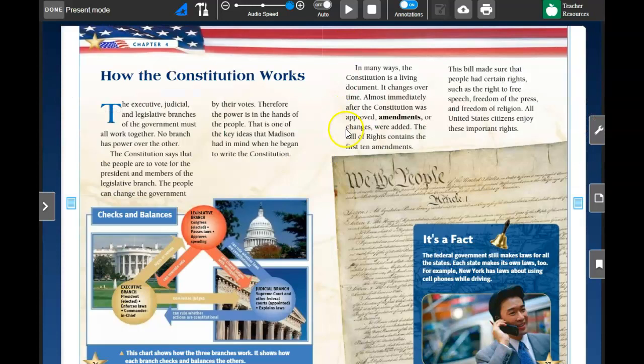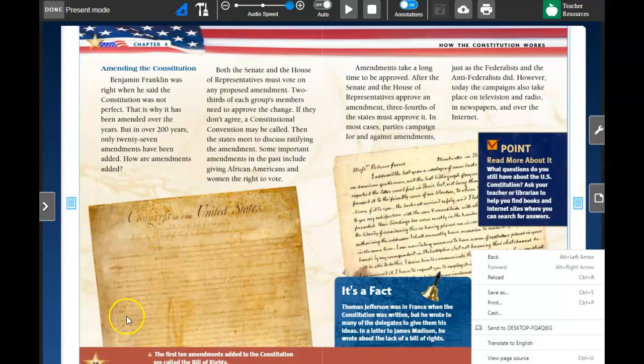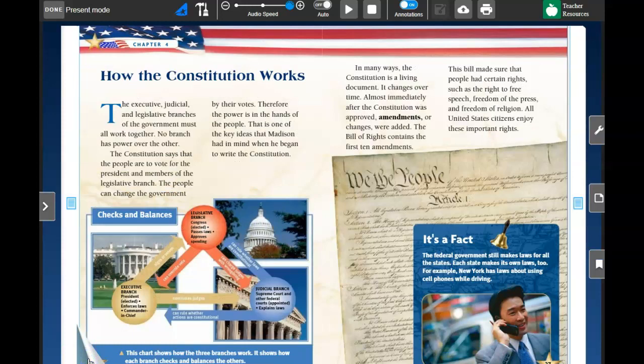When you get there, I'd like you to take just a few minutes and read through pages 26, 27, and 28 to find some of the rights that are explained by the Bill of Rights. I'll give you a moment.